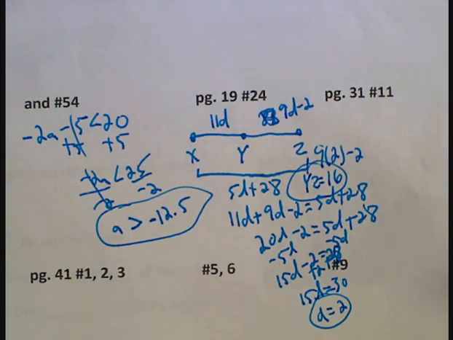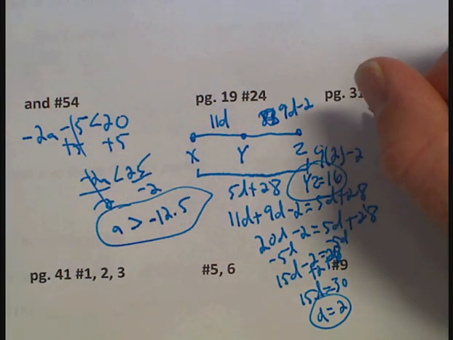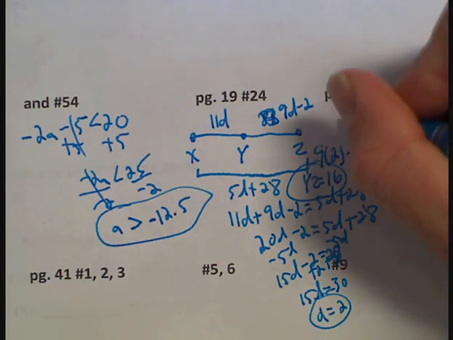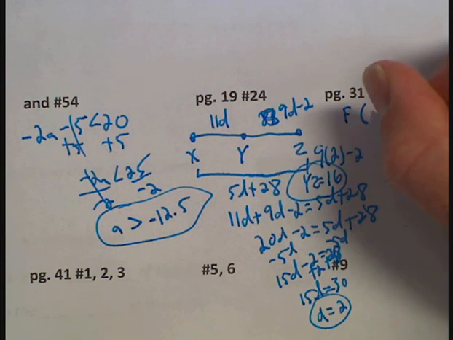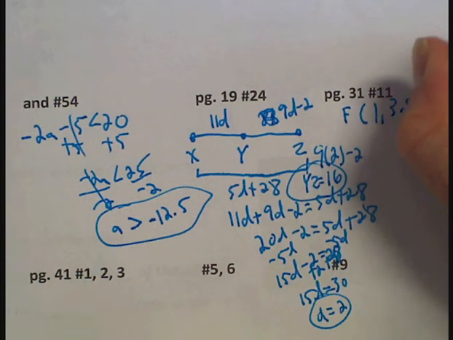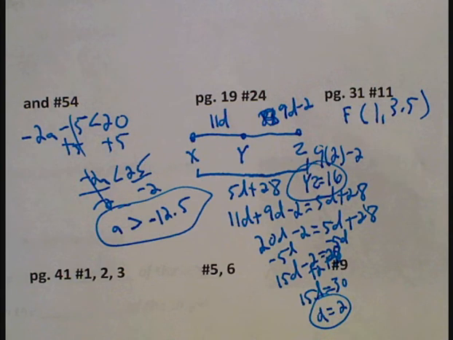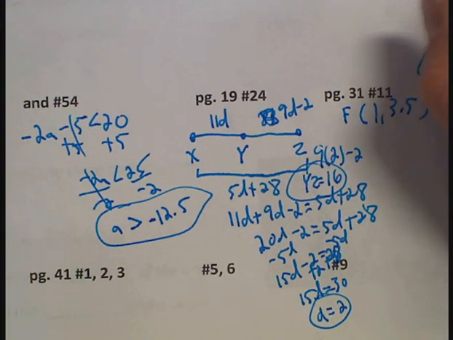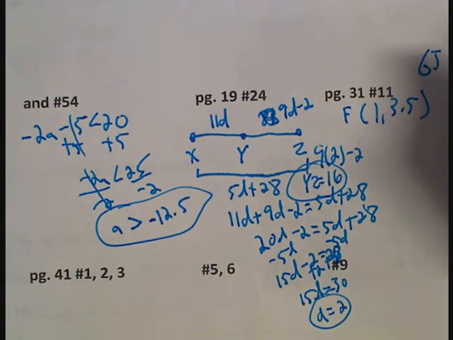Page 31, number 11. Find the coordinates of G if F is 1, 3.5, the midpoint of GJ, and J has coordinates.